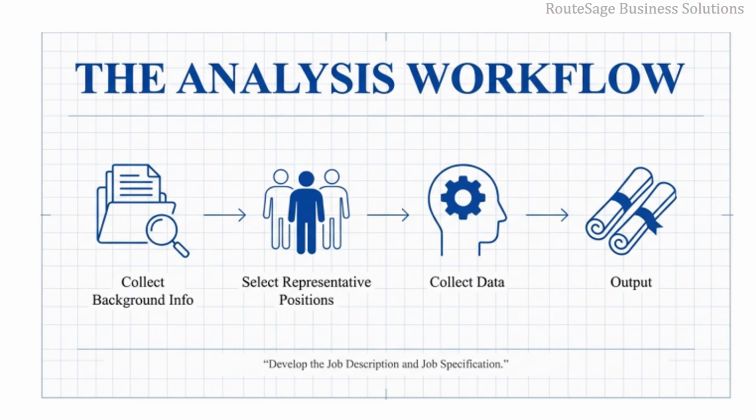Then, detailed data about the job is collected, such as tasks, skills, and responsibilities. Finally, the output is prepared in the form of a job description and a job specification. This structured approach ensures accuracy and consistency in job analysis.